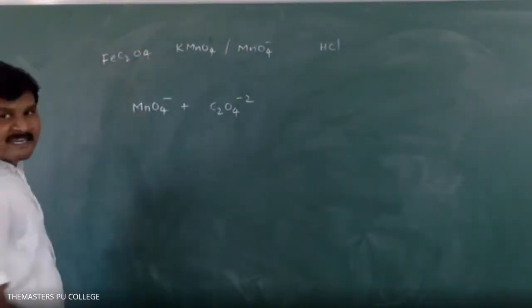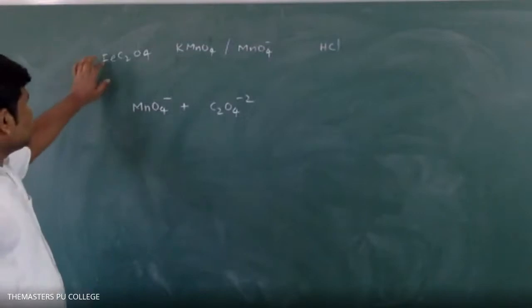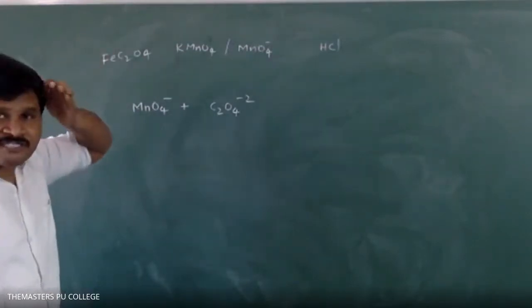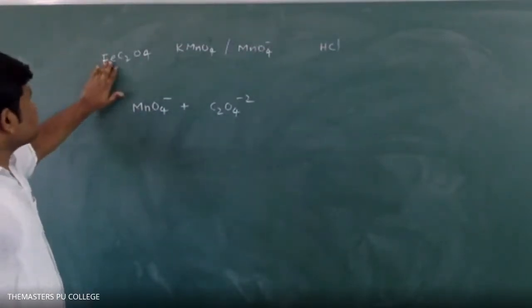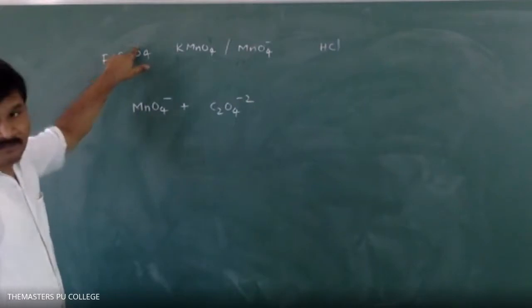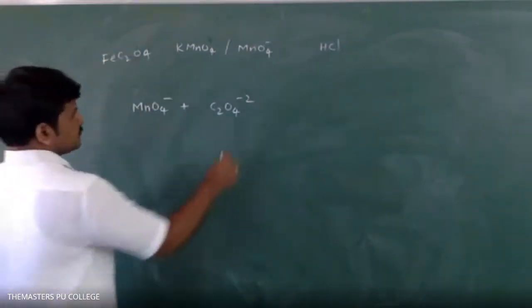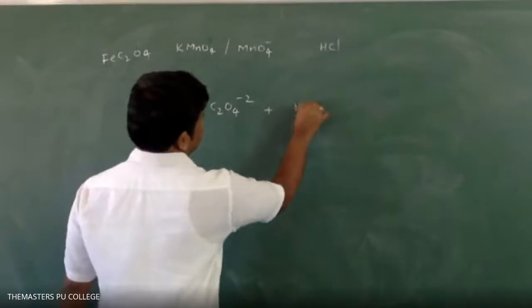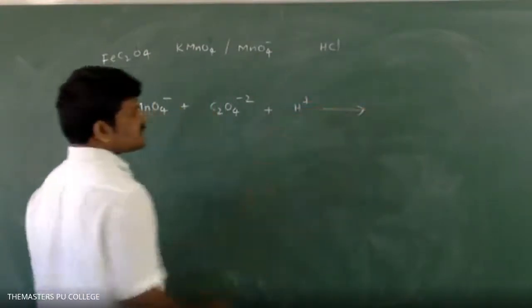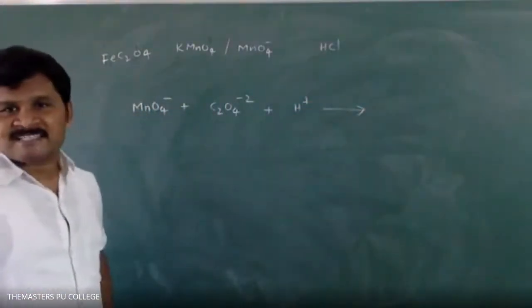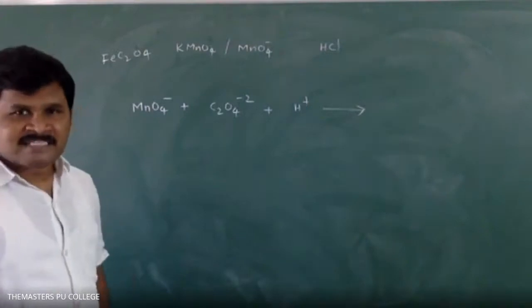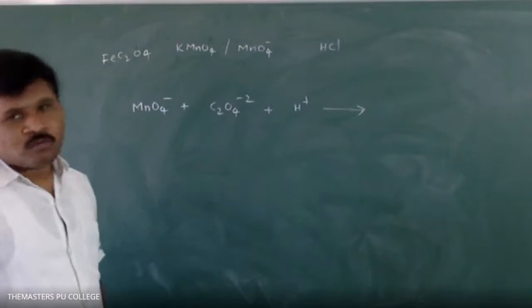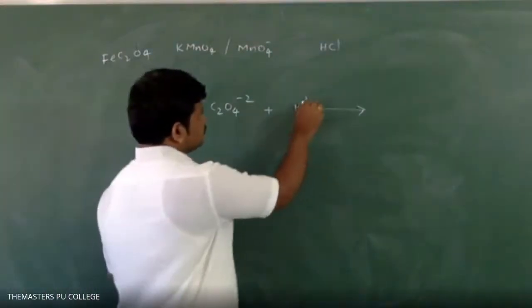FeC2O4 is ferrous oxalate, so it tells you ferrous has plus 2 charge, and removing plus 2 leaves minus 2. Plus H plus. Why did I write H plus? He is telling us it is in the presence of acid medium. Acid medium means H plus; basic medium means OH minus.